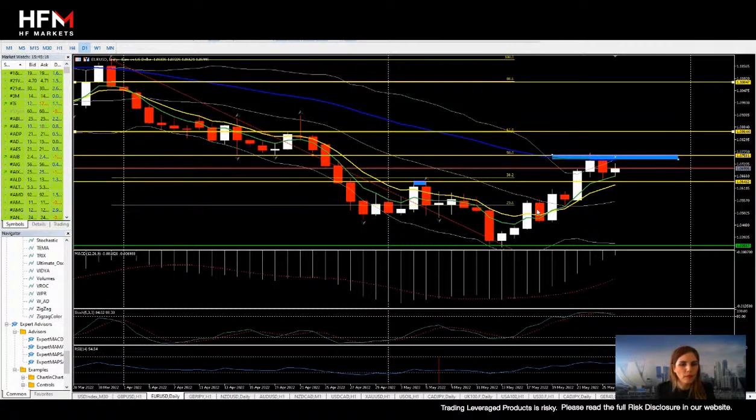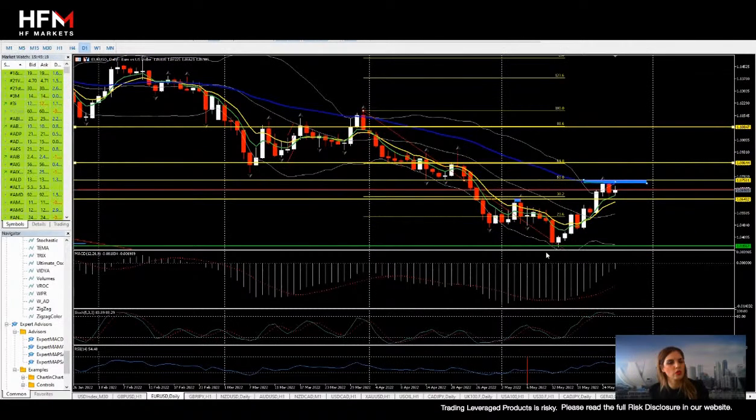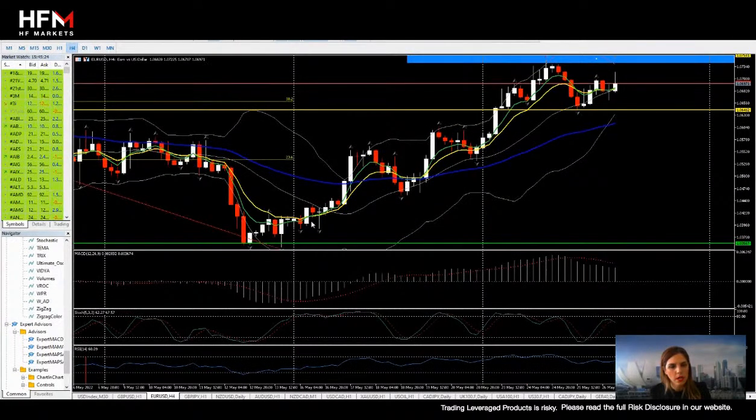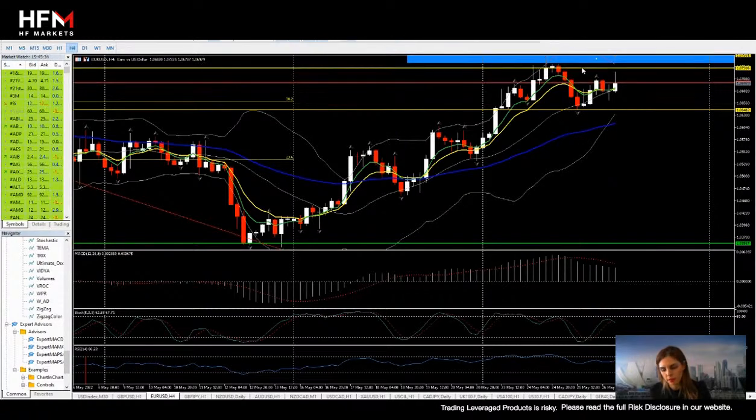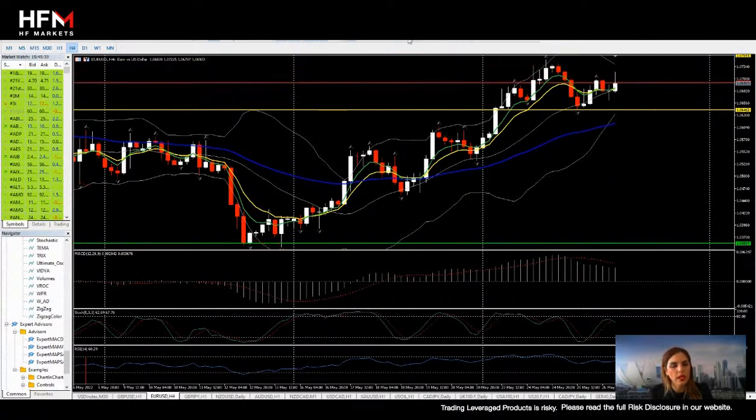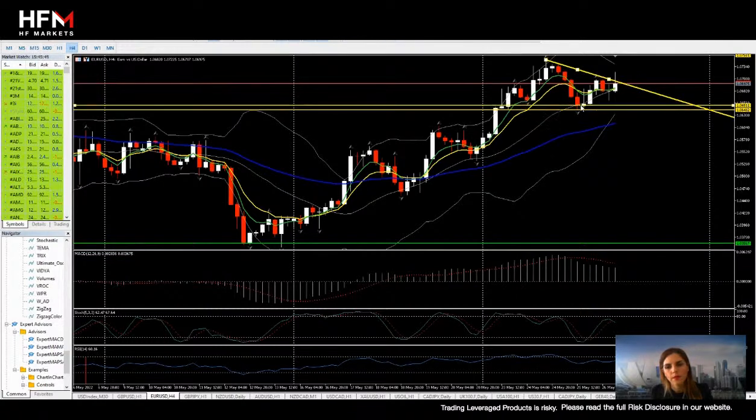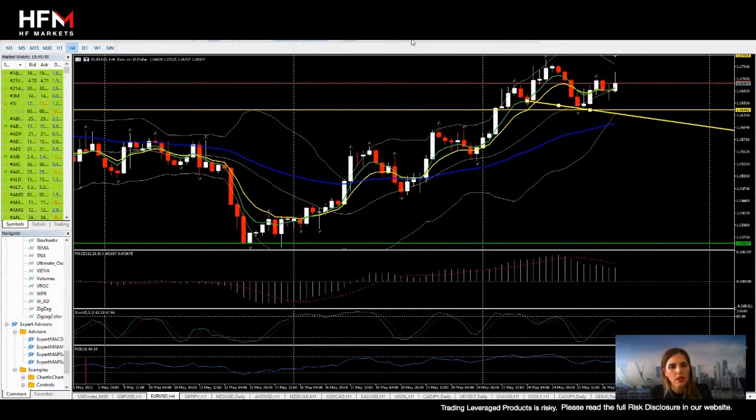Okay, so let me zoom out a bit. What we have over here is a bit of a recovery. Let me just double check whether there is anything that I have missed. That's the 4-hour chart, by the way, just to follow what I'm doing.